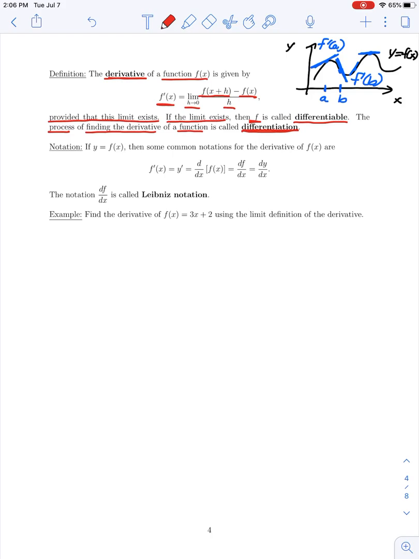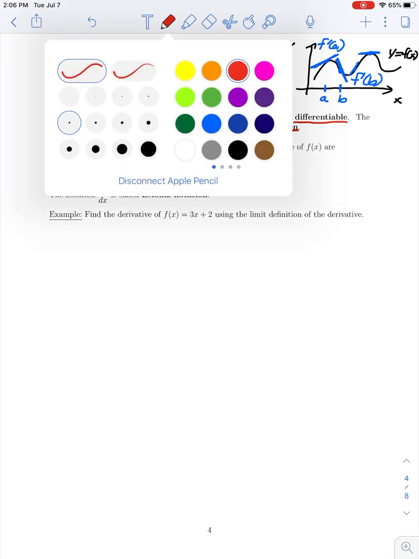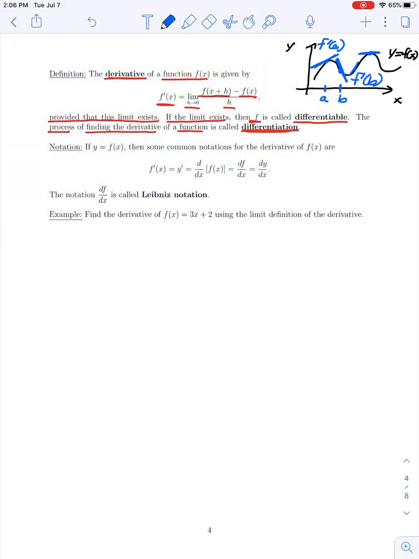Before we look at examples of calculating the derivative of a function, let's introduce some different notation which we can use for a derivative. If we're considering the graph of a function, let's say y equals f of x, then some different common notations for the derivative of f of x are the following. The one that we've already been looking at is f prime of x.